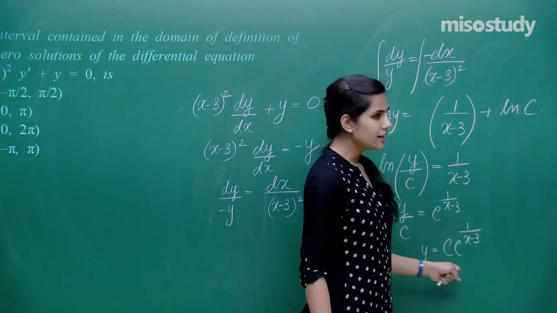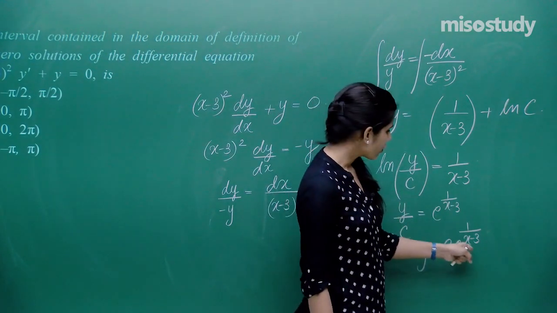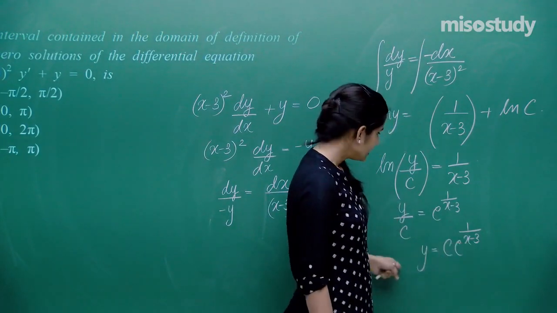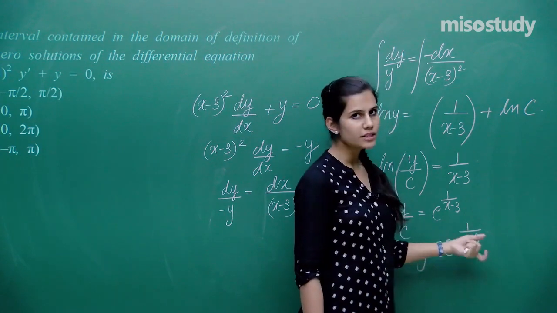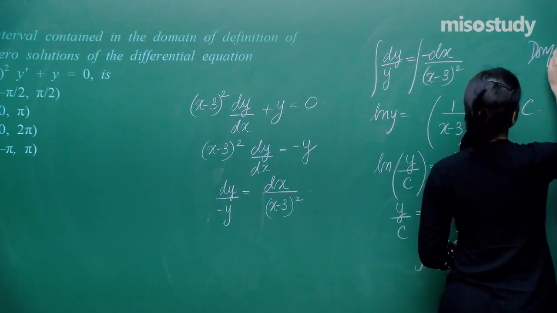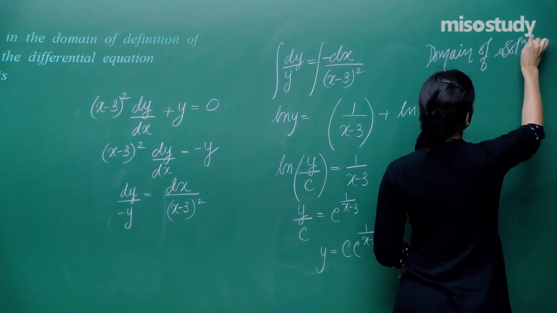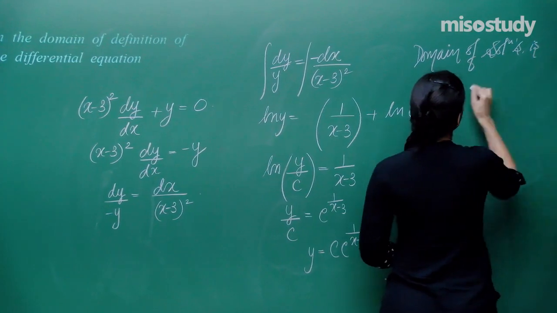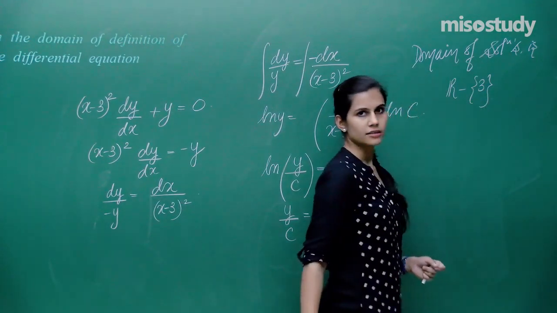That means for all real numbers x for which x is not equal to 3, this is a solution. Because if x is equal to 3, this becomes 1 upon 0, which is not defined. So domain of solutions of this differential equation is all the real numbers minus this real number 3.